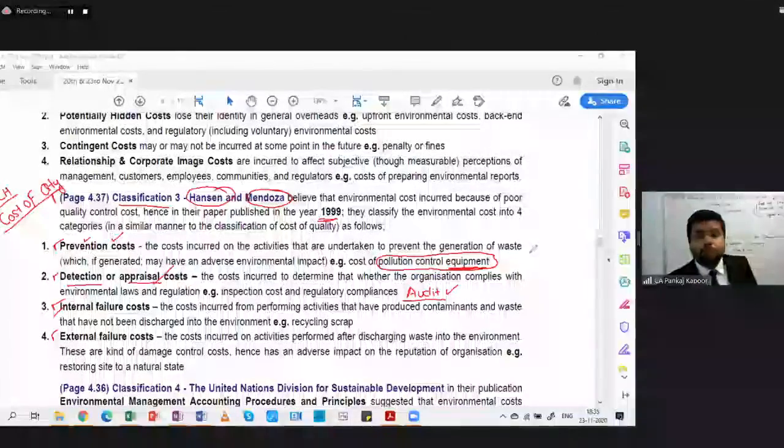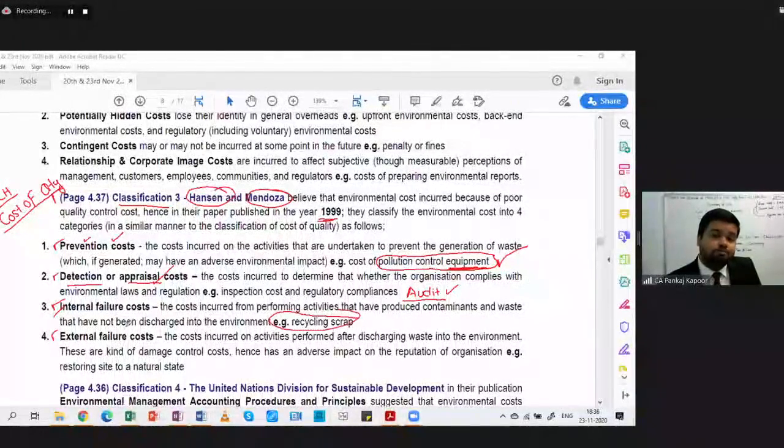The cost of purchase of the water treatment plant comes in prevention, but the cost of operation of the water treatment plant comes here itself. Okay, friends, please mind these words again. If we are buying the water treatment plant, the cost of purchase, the capital nature cost, will come there.